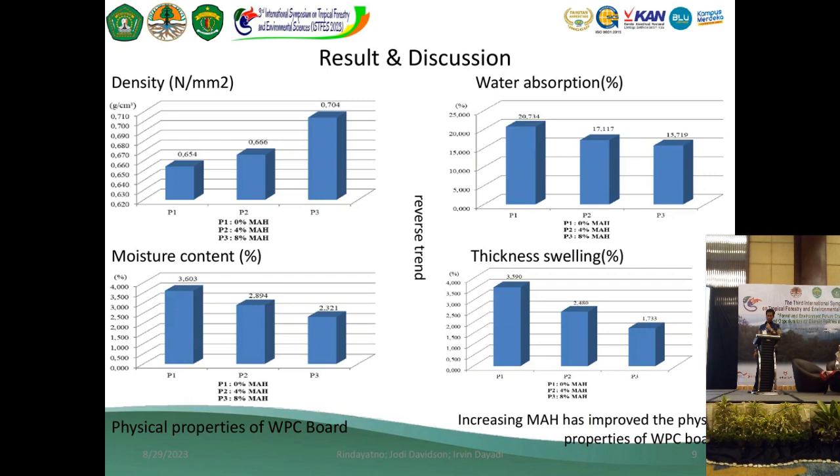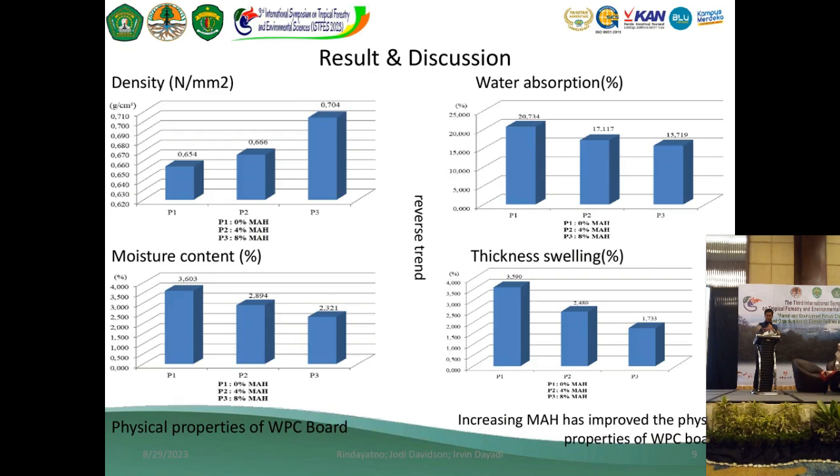There may have been an esterification reaction between MA and the OH group of the wood particle, as well as a reaction between MA and the plastic, which resulted in a strong bond between the plastic and wood particle, achieving WPC compatibility and resulting in a reduction in voids and an increase in WPC density. At the same time, moisture content, water absorption, and thickness swelling decline.